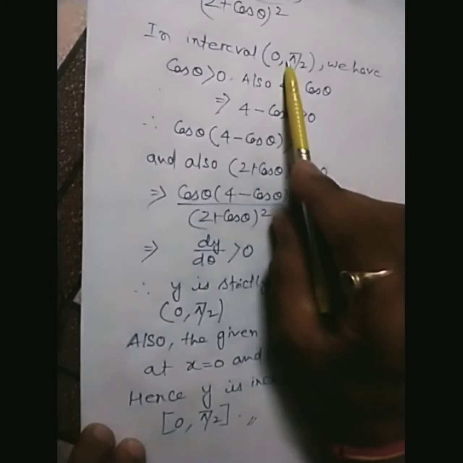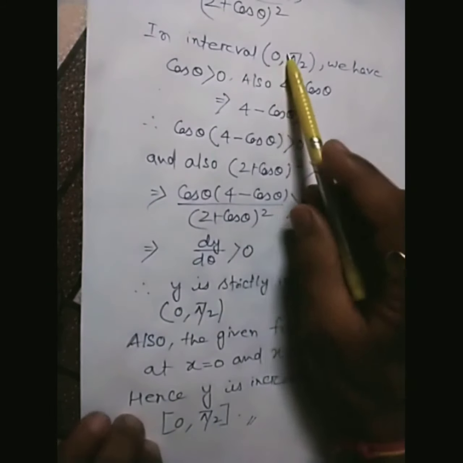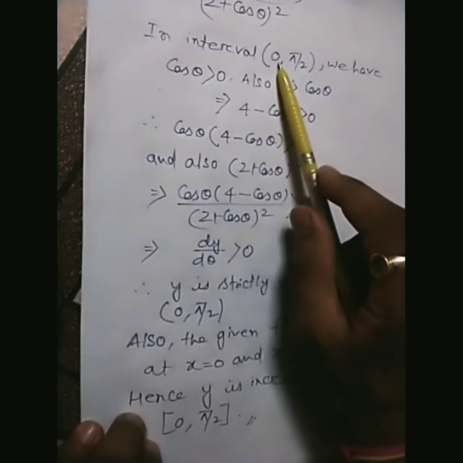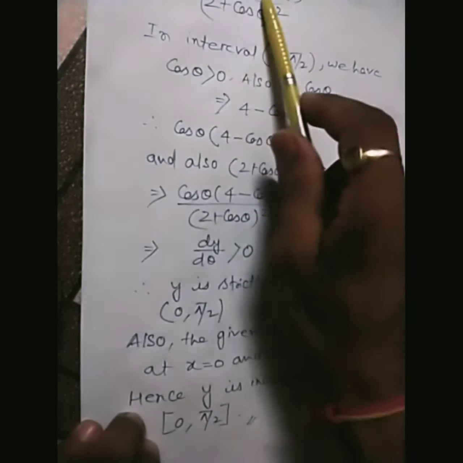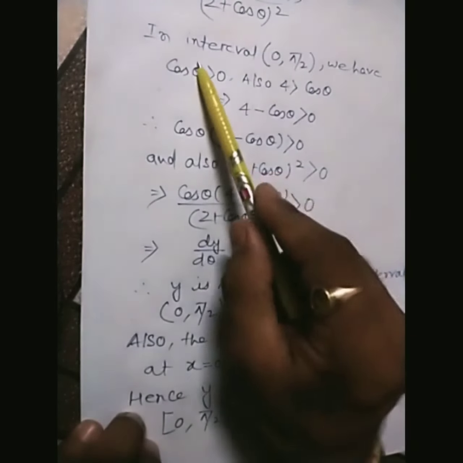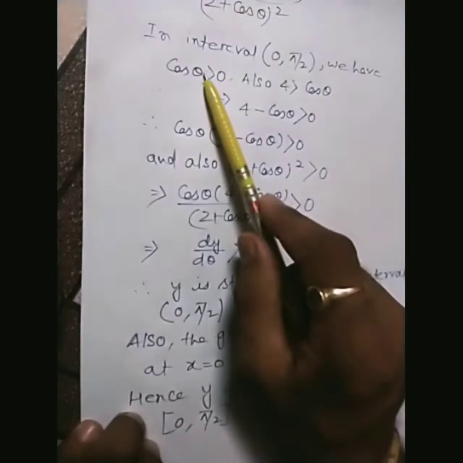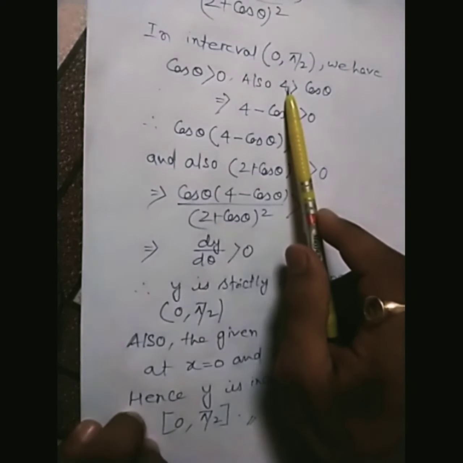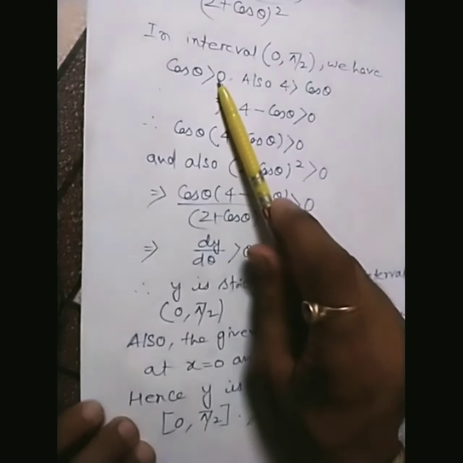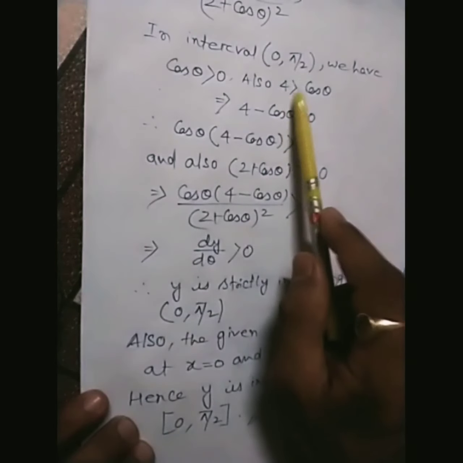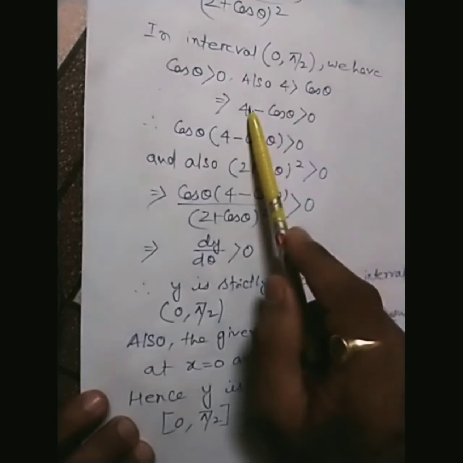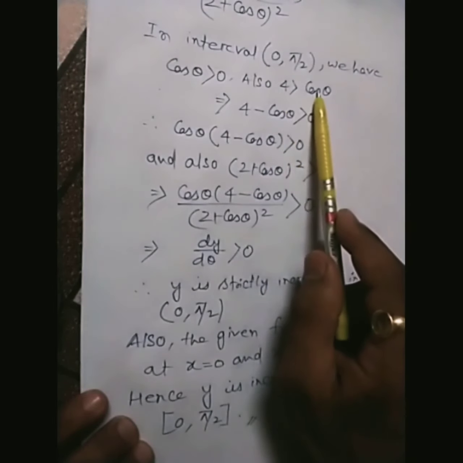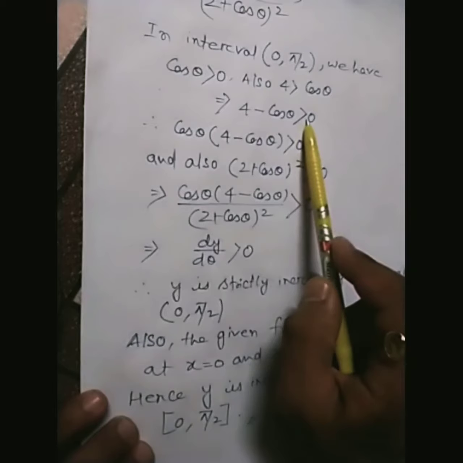In the interval 0 comma pi by 2, put the value of theta. You can take any value between 0 and 90 degrees, okay. After putting this you will get, cos theta will be greater than 0 obviously, so 4 will be greater than cos theta. If you bring this to the left hand side, 4 minus cos theta will be greater than 0.